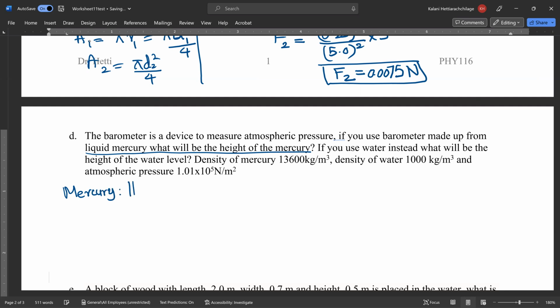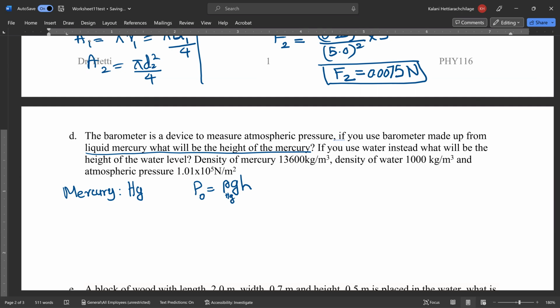Mercury, most of you don't know the chemical symbol for mercury, right? So now the pressure by using a mercury barometer will be, I'm going to write, P naught equals rho g h. So now what is rho? Rho of the mercury and h the height of the mercury, right?